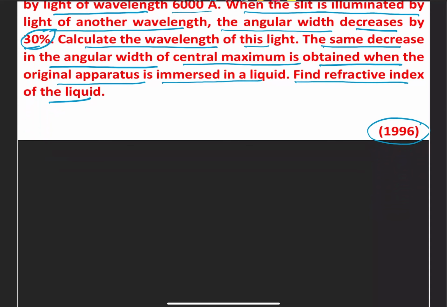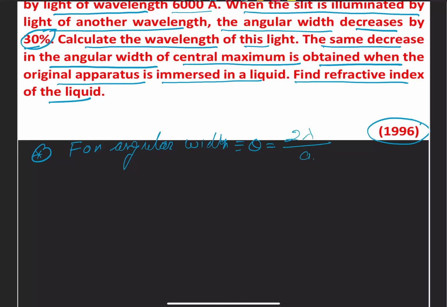Okay. So we already know the basic formula for angular width. For angular width, theta is equal to 2 lambda divided by a.